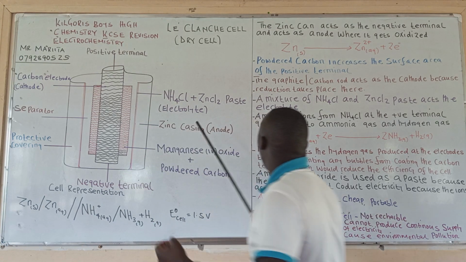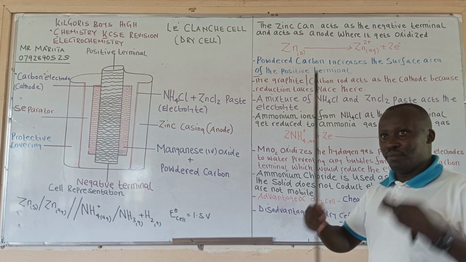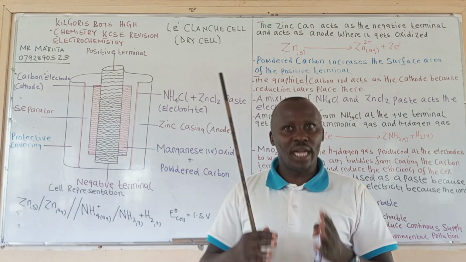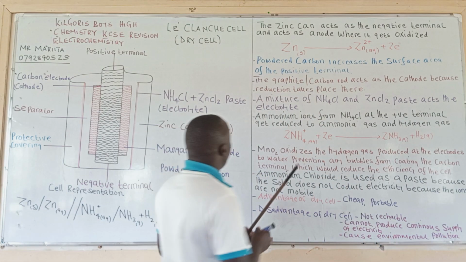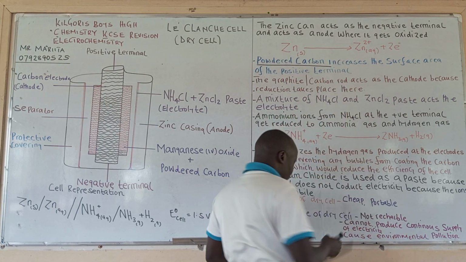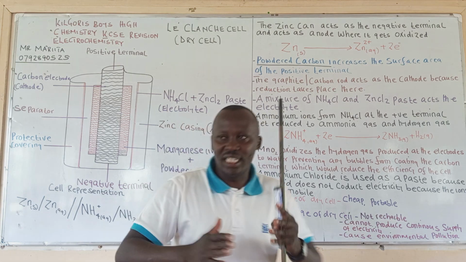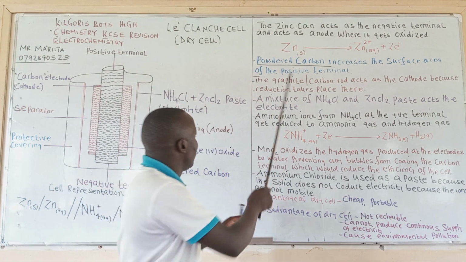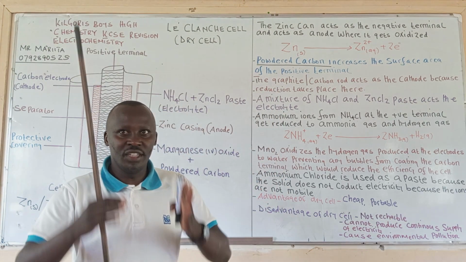Then again you can be asked to give the purpose or the role of the powdered carbon. The role of this powdered carbon is to increase the surface area of the positive terminal.